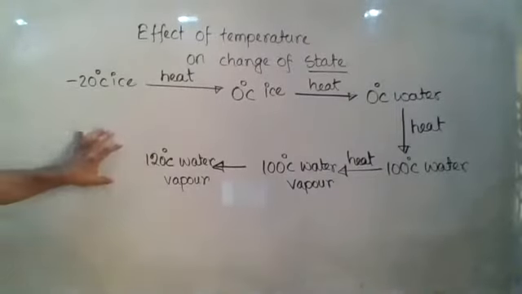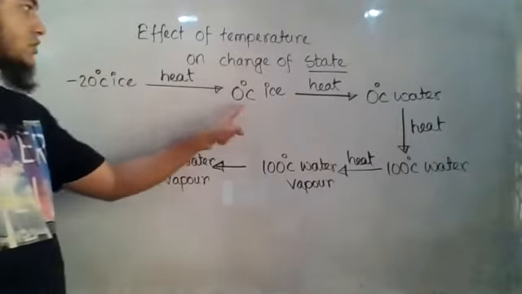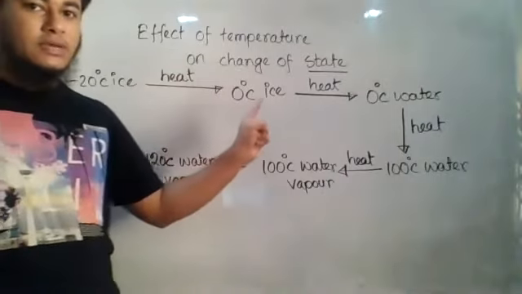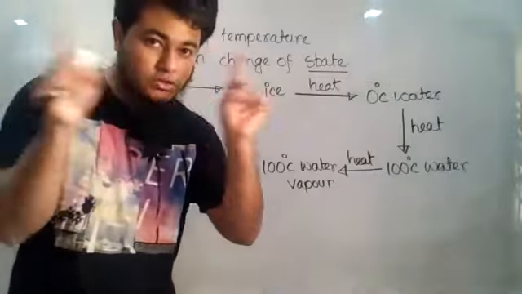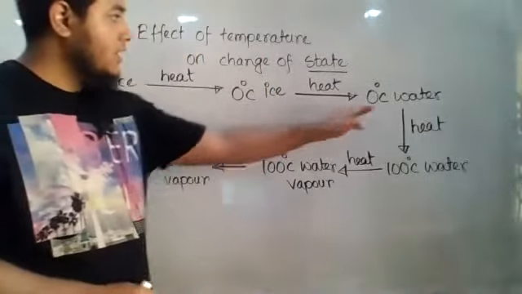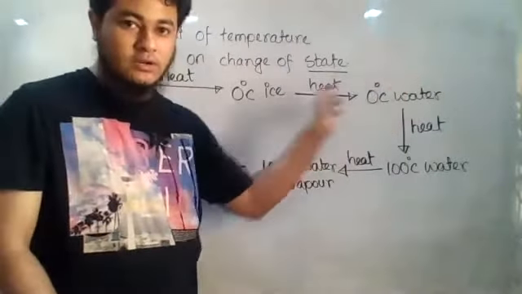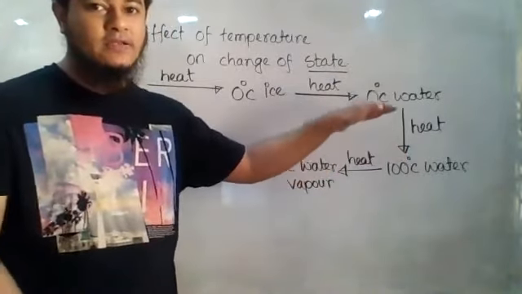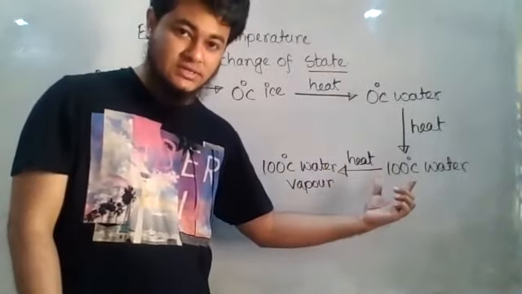Okay, remember this one. At first the temperature of the ice will change, but as soon as it comes to 0 degrees Celsius, the melting will start, the change of state will take place, and the temperature will not change. And then when the whole ice has been converted to water, no ice left now, the temperature will start increasing again, and if you keep on heating, at some point the temperature will reach 100 degrees Celsius.